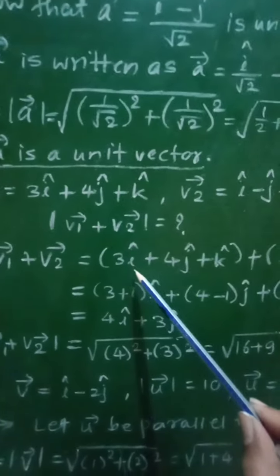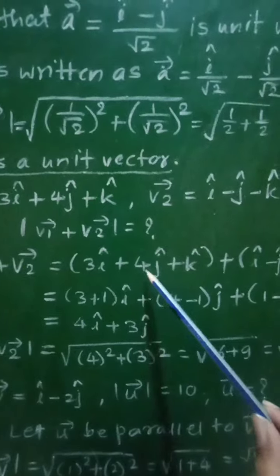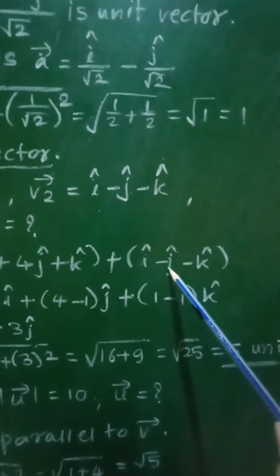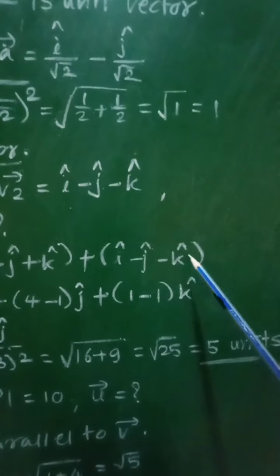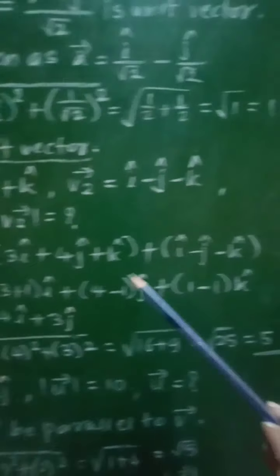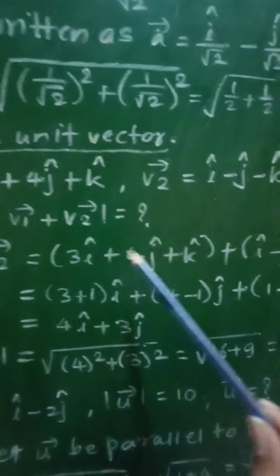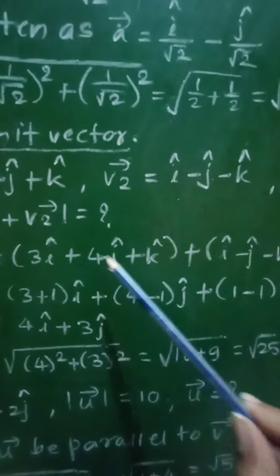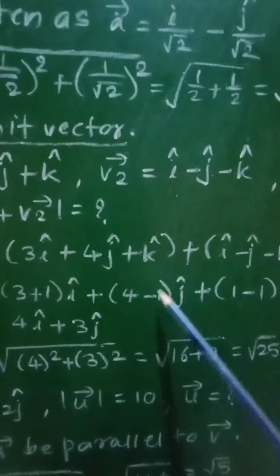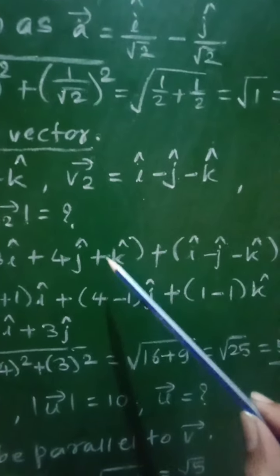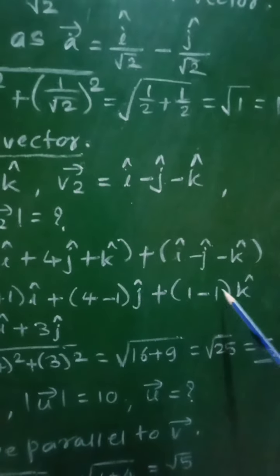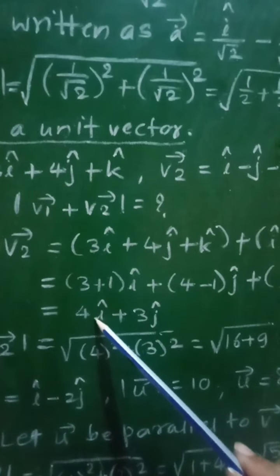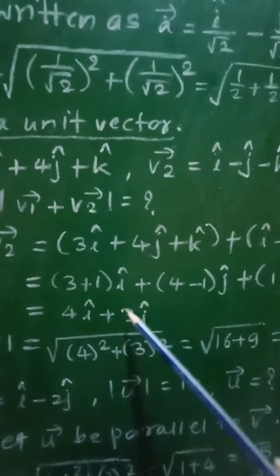That will be equal to 3i cap plus 4j cap plus k cap plus i cap minus j cap minus k cap, which will be equal to 3 plus 1 i cap plus 4 minus 1 j cap plus 1 minus 1 k cap, which will be equal to 4 i cap plus 3 j cap.